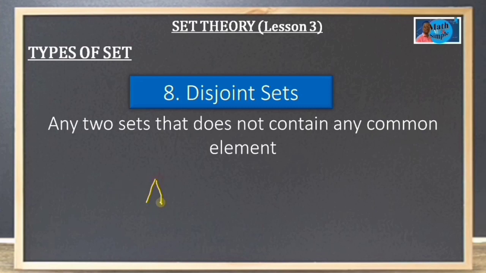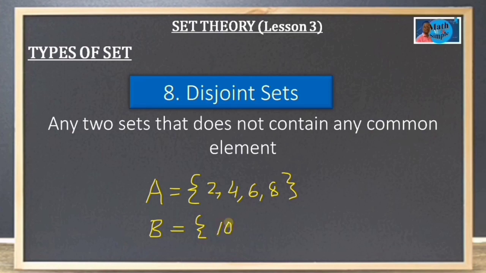So if you have set A equals 2, 4, 6, 8, and set B equals 10, 12, 14. Set A and set B are disjoint sets because they do not have any common member.